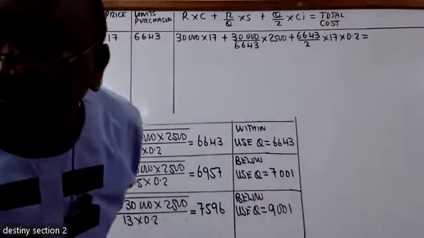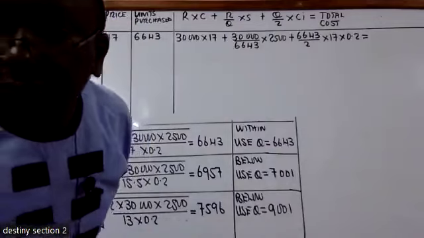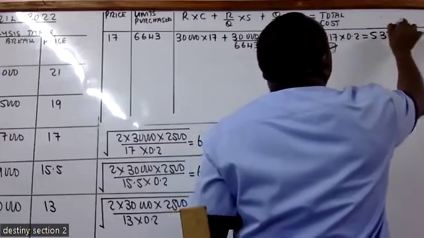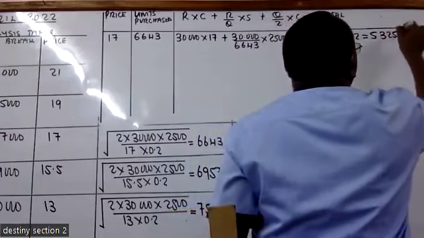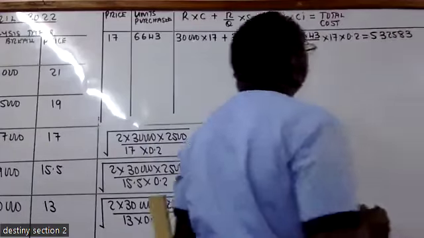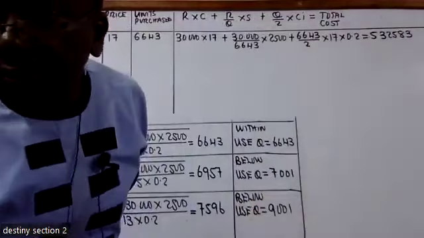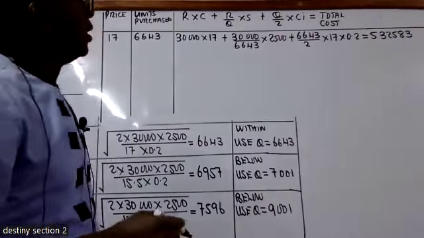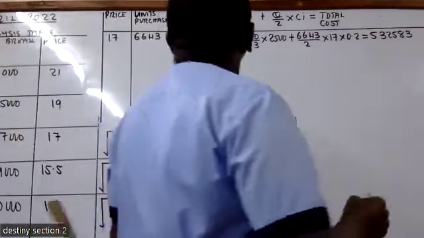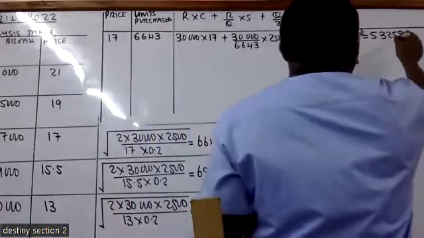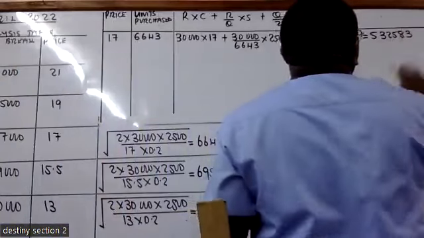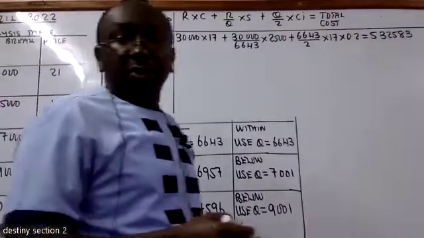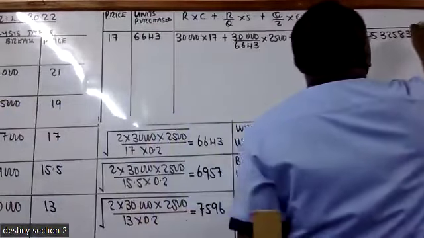I already have the answer: 532,583. Huh? 53,258. See if that is too small, whether it is right. 583.2, that's according to Jemima.